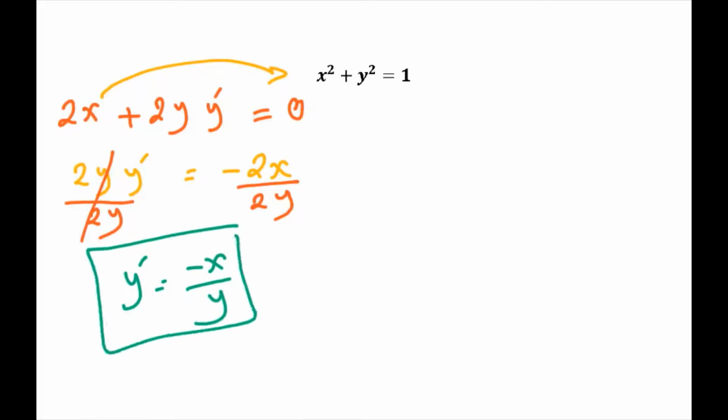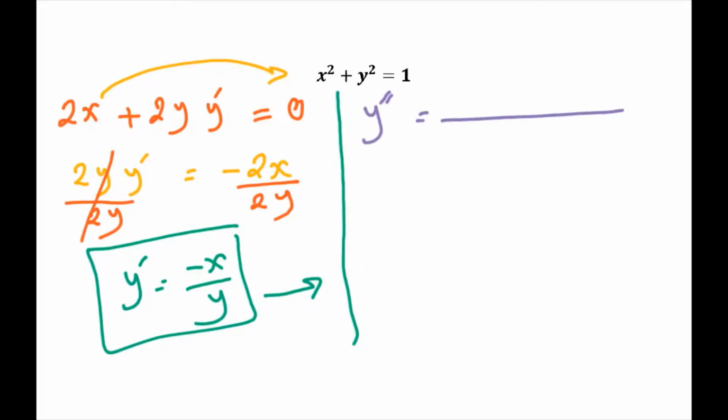That's the first derivative, which is dy over dx. What about if I want to find the second derivative, which is d squared y over dx squared? Well, we are going to differentiate this. I will call u negative x, so u prime will be negative 1. v will be equal to y, so v prime will be dy over dx, which is y prime.